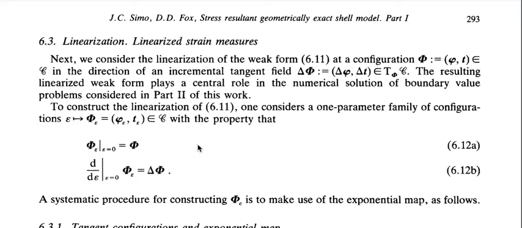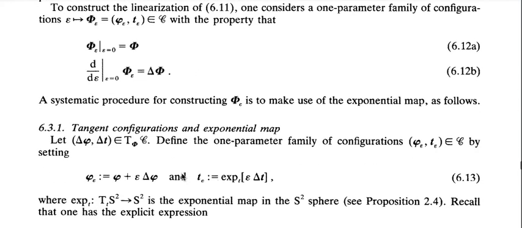So we want to basically write a Taylor series expression for that, and delta phi is a variable. If we consider an incremental change in the shell configuration, we call it delta phi, and it should lie in the tangent space of the family of shell configurations. So delta phi belongs to this tangent space.